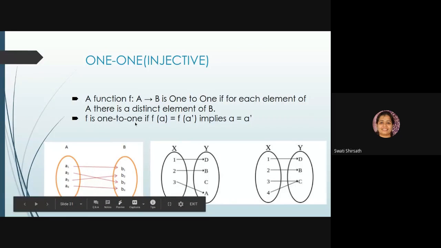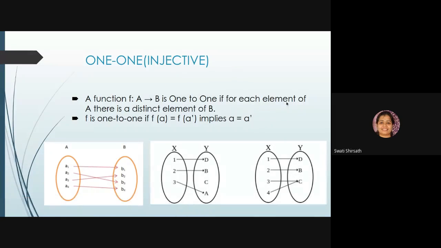So f is a function from A into B, which is one-to-one if for each element of A there is a distinct element of B. And f is one-to-one if f of a is equal to f of a dash, where a comes from capital A and a dash comes from capital A, and it implies a is equal to a dash.